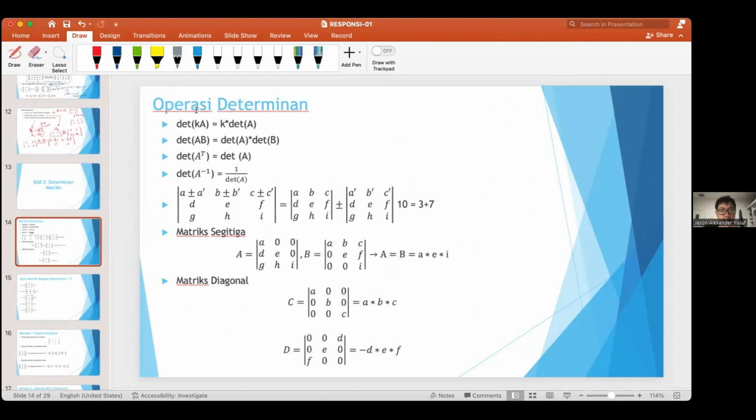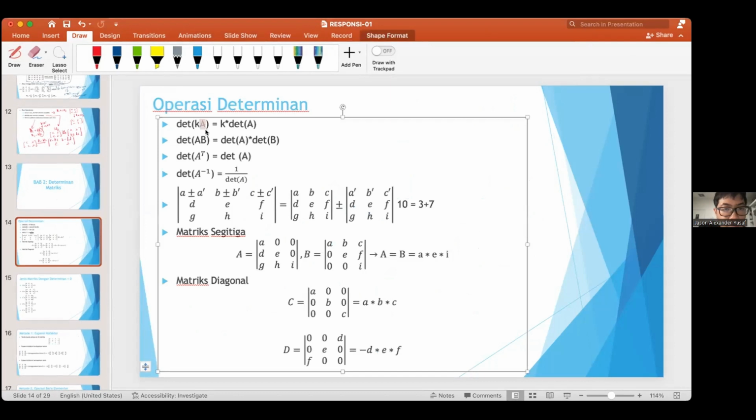The first one is what you can do with determinants. Let's say you have a matrix A, and this matrix A is multiplied by a constant.